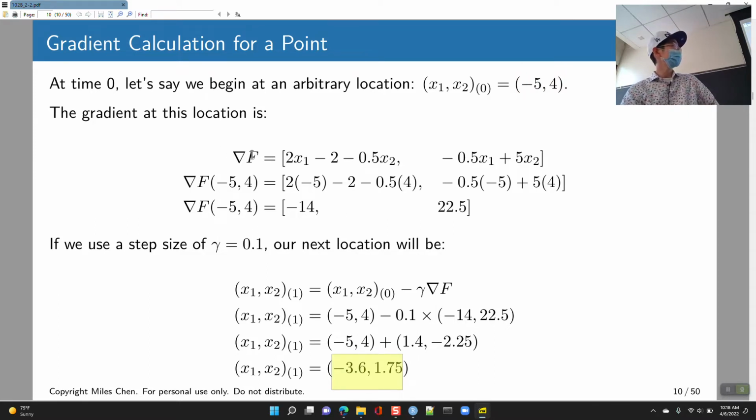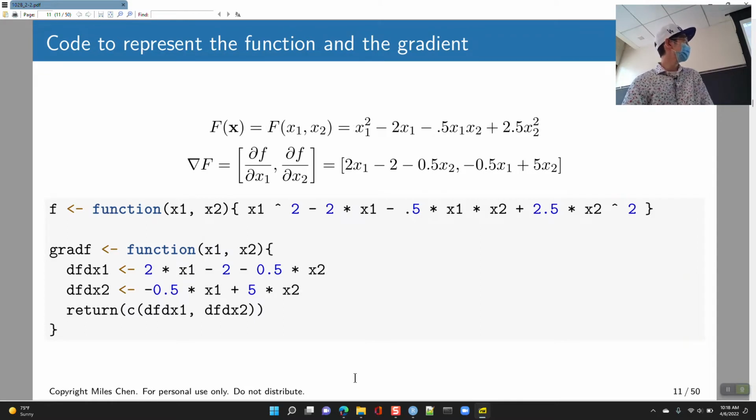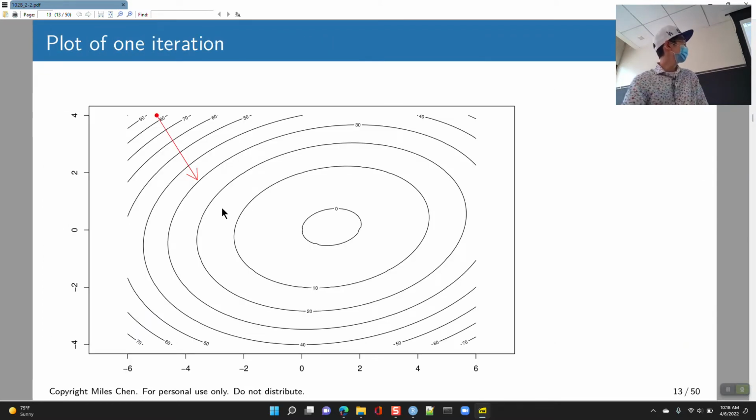It required us to figure out the gradient, plug in the current values into the gradient, and then add gamma times the gradient to our current location. This gives us a new coordinate, -3.6, 1.75. Let me show you: here is -5, 4, and this is -3.6, 1.75. So we have taken a step in this direction right here.